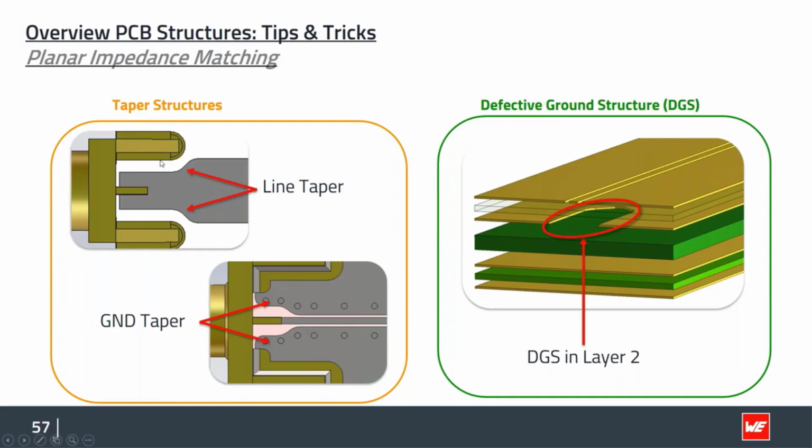We need to take care what gap width we need here to be at 50 ohm in this area. So we will have a different line width in this connecting area than on the rest of the PCB. To match this and to allow a smooth transmission from the small PCB track to the wide one, we use taper structures like this, which are, in relation to our frequency, always in a lambda quarter relation.